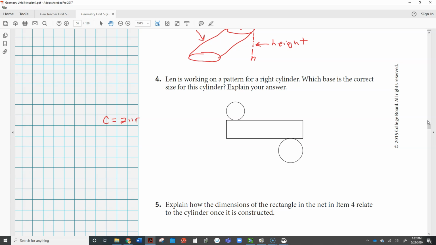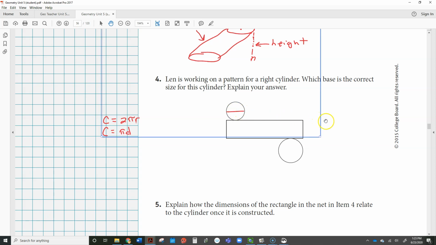Okay, and the circumference, one of the formulas for circumference is 2 pi r, but you know what happens if we multiply 2 times the radius? We get the diameter. And the diameter of the circle, we draw that diameter right there.